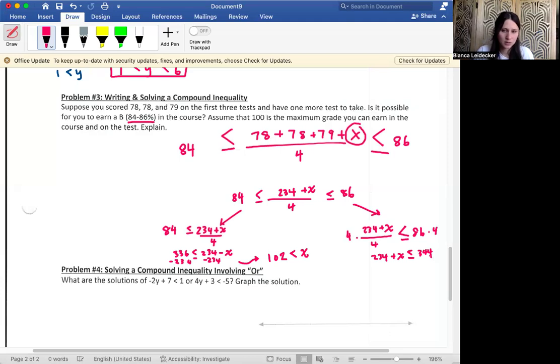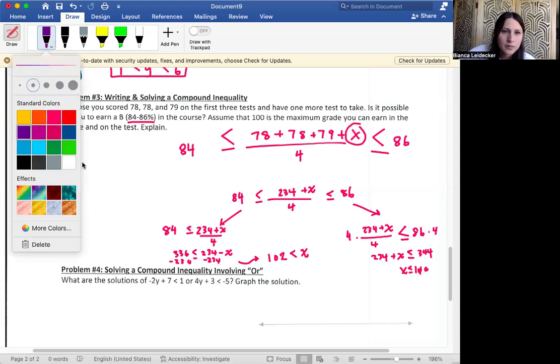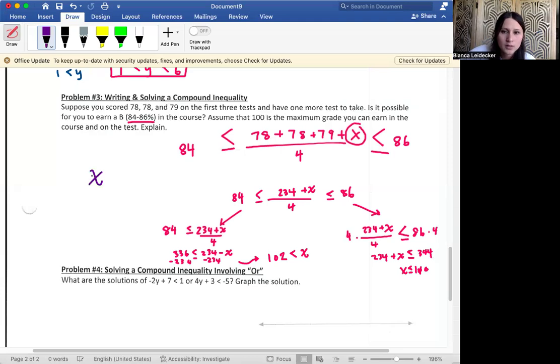Subtract 234, and that's 110. Okay, so that means 110. So I'm going to write it over here so I'm not running out of room. The value of your fourth test score has to be greater than 102% and less than 110% in order for you to get between an 84 and 86.